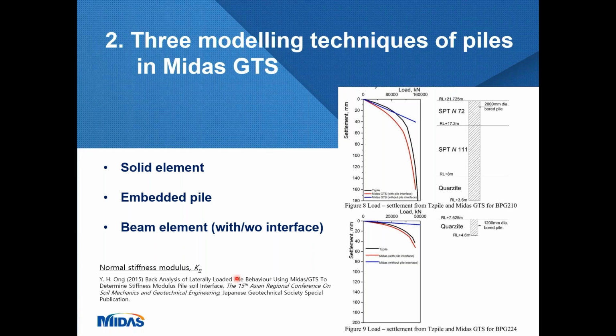And if you use a very high Kn value, you will have a numerical instability problem. So we have developed a range of Kn values for use by back analyzing laterally loaded piles in clay and sand, so that the lateral pile response is purely dependent on the soil in front of the pile and not influenced by the interface. You can find the information in this paper.